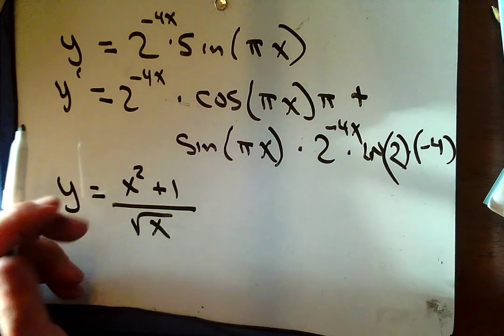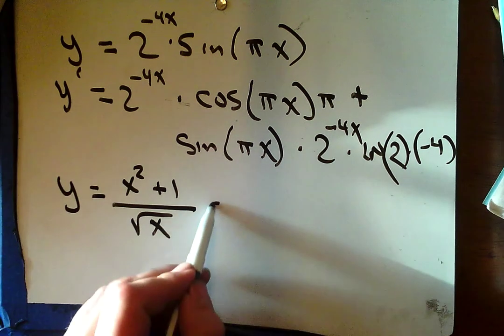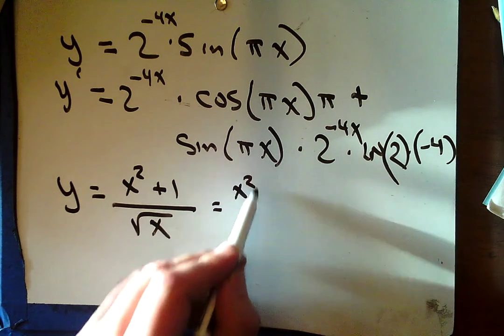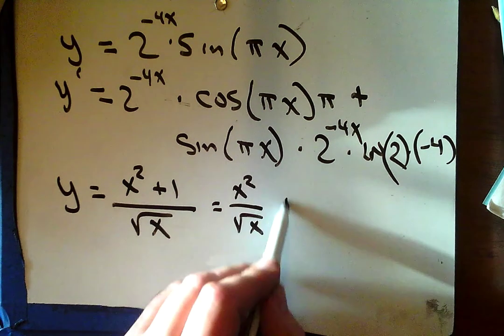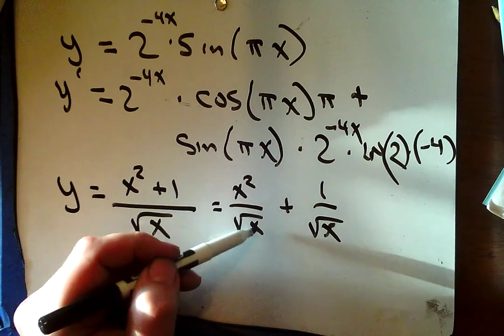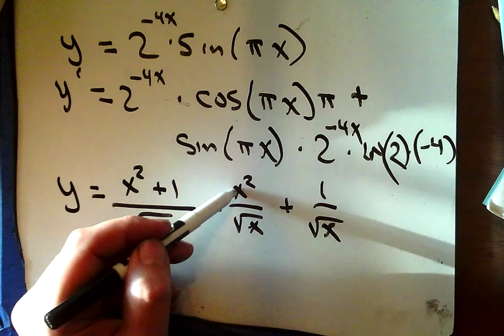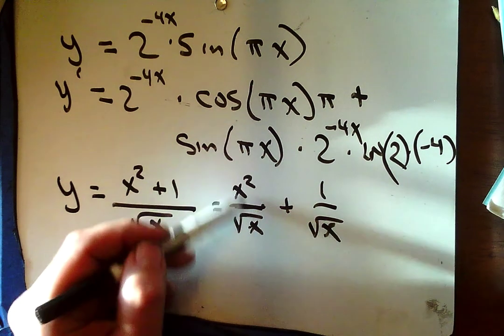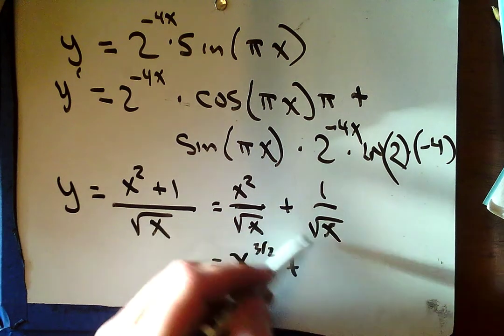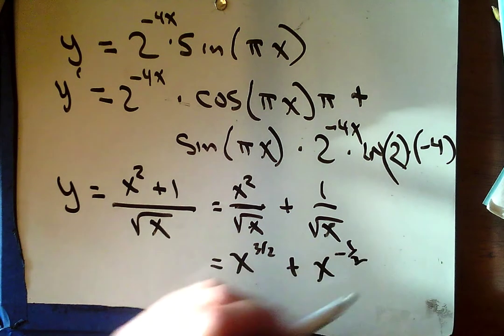Yeah, I think quotient rule is good to practice, but we also did this both last year and this year, where we split this fraction in two, and then this is x to the 1/2, this is x to the 2. I'm dividing and the bases are the same, so this is going to be x to the 3/2 plus x to the negative 1/2.